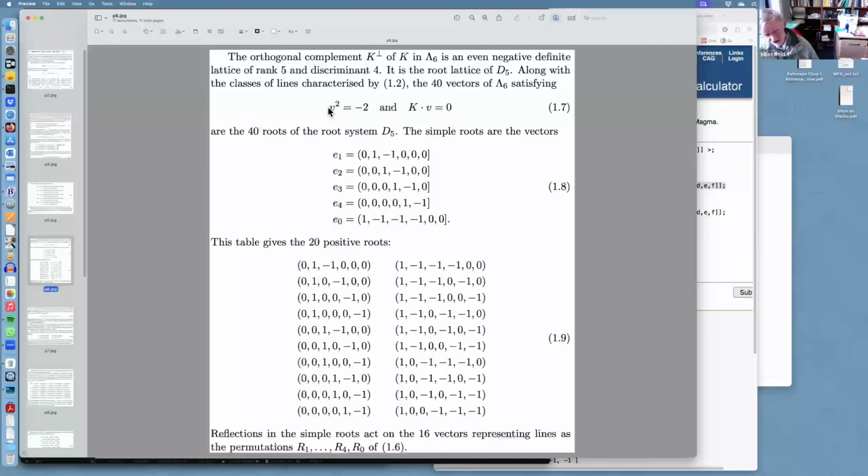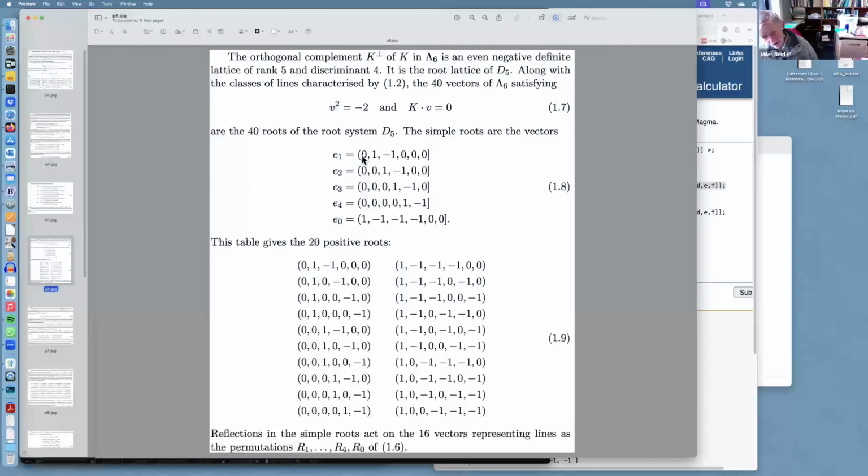Now I'm going to change the problem and ask for vectors in this negative definite K orthogonal, satisfying V squared is minus 2 and orthogonal to V. So when you do that, you get 40 roots.